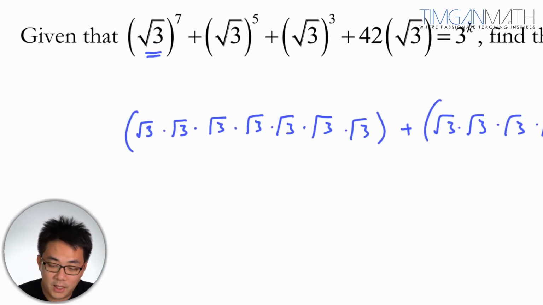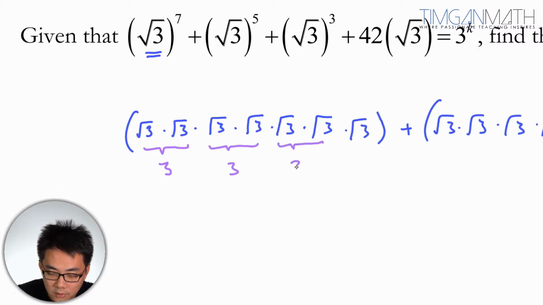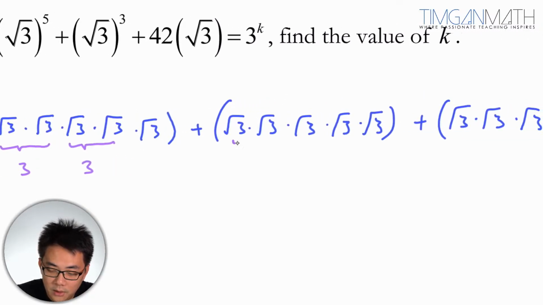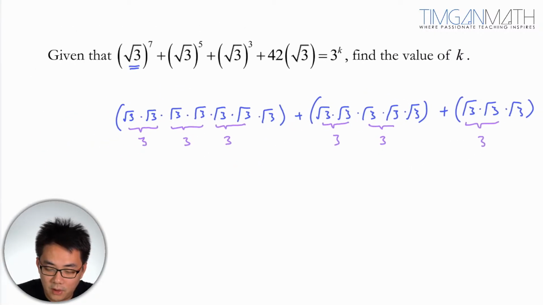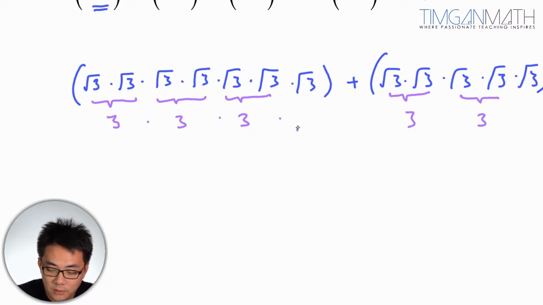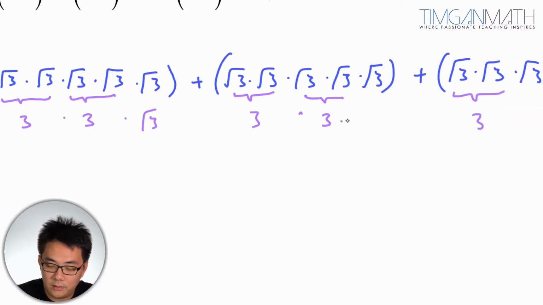Remember, root 3 times root 3 will be 3. This will be 3 as well, and this will also be 3, and there will be a root 3 there. We're going to simplify all this. So this is 3 times root 3, and this will be 3 times root 3.